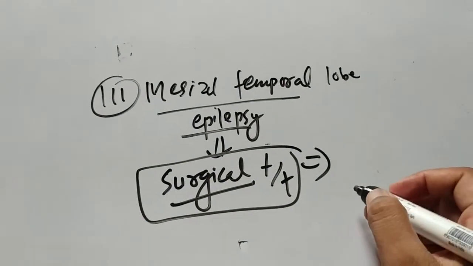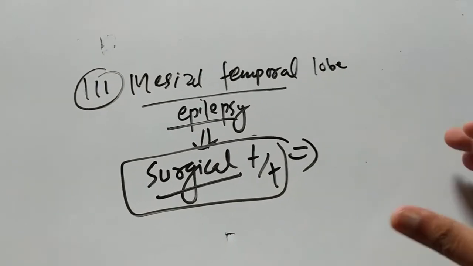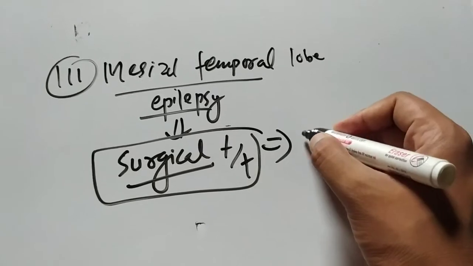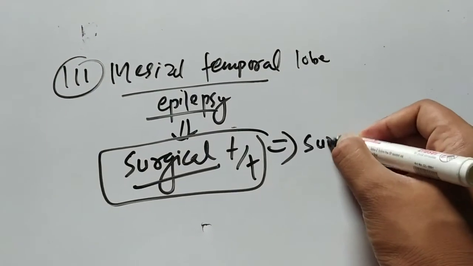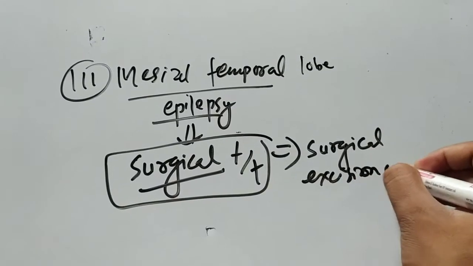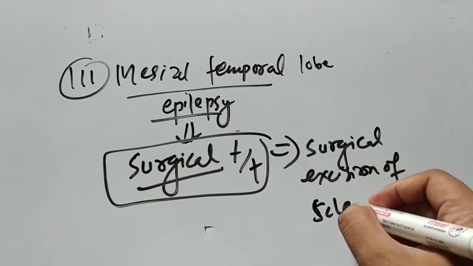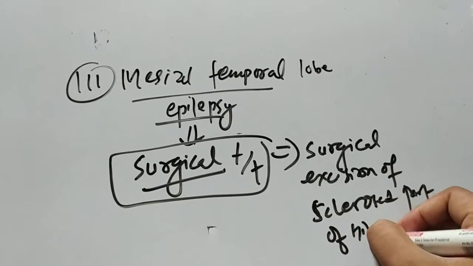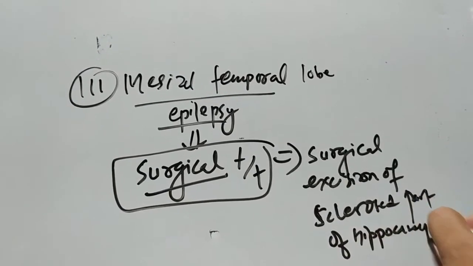As there is sclerosis of the hippocampal area, or we can say fibrosis of the hippocampal area, we will surgically excise the sclerosed part of the hippocampus.